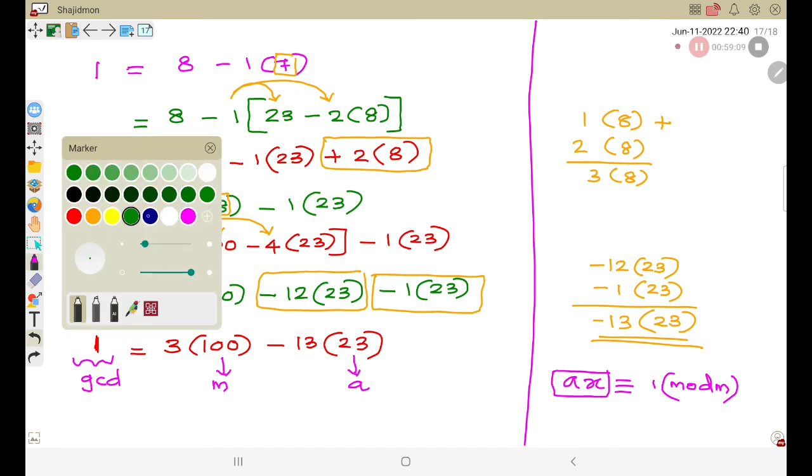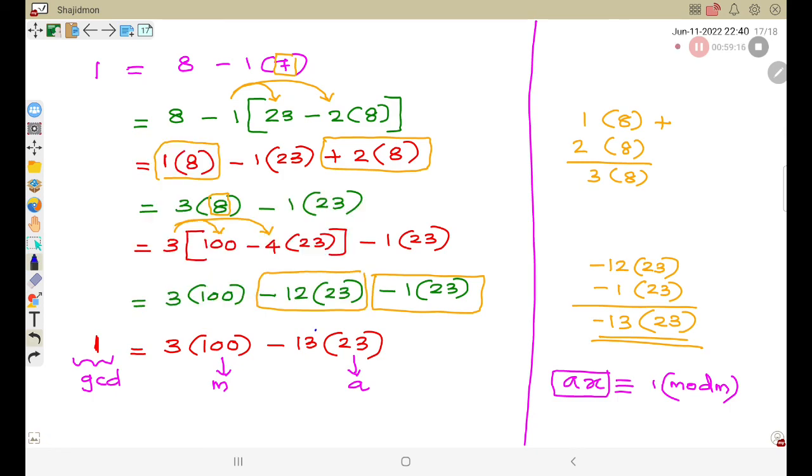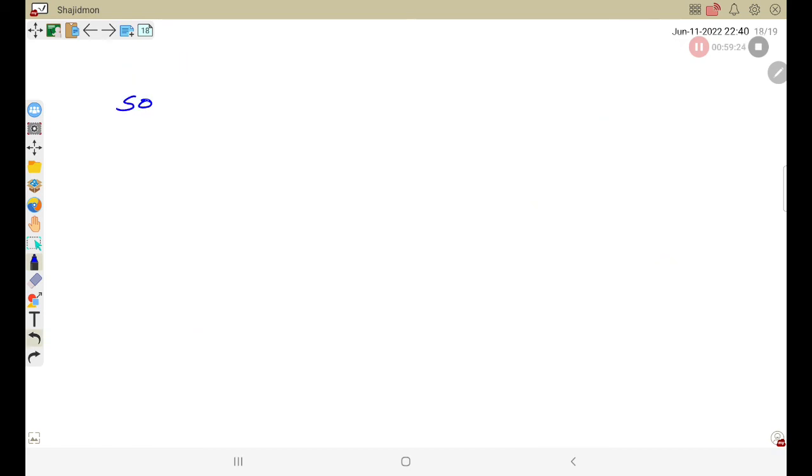So what is the number here together with A? We can see this number minus 13, correct? AX, so minus 13. So we can write the solution is X congruent to minus 13, correct?